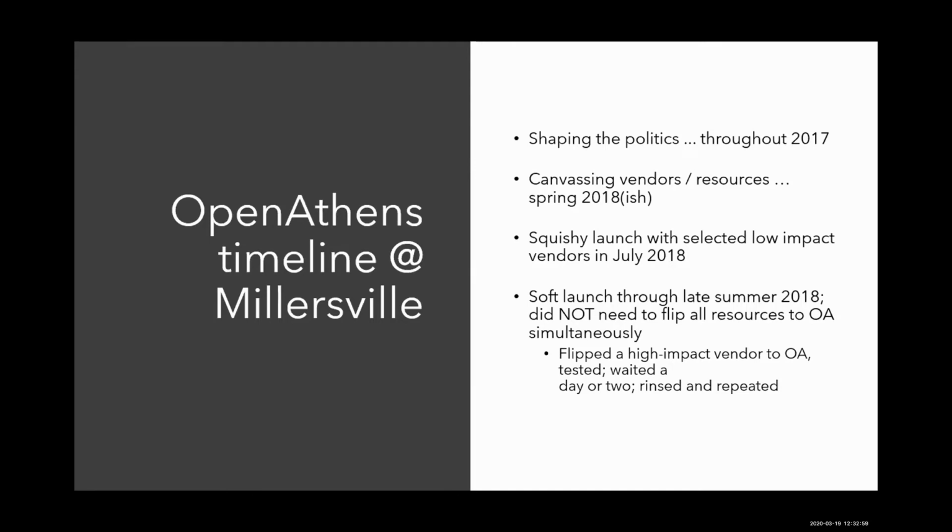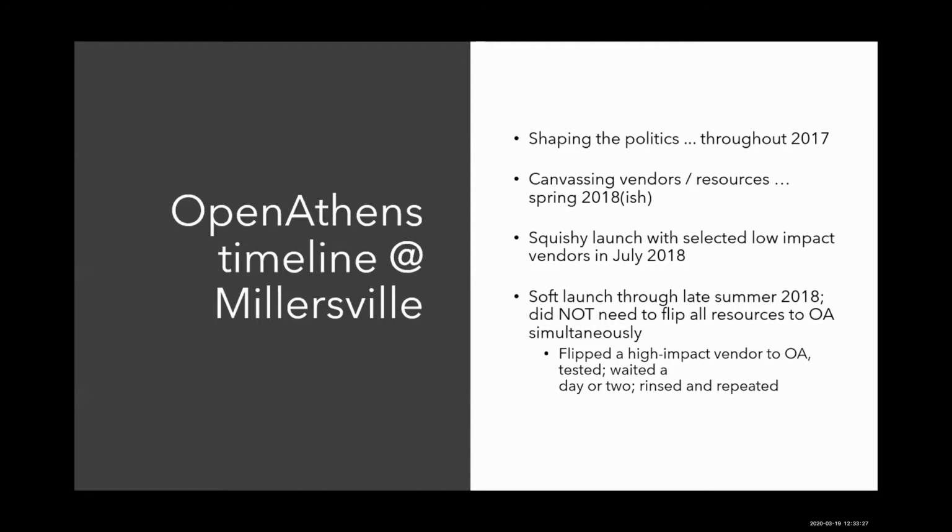We did not move everybody over simultaneously. We basically did 1 or 2 vendors at a time, made sure they worked, waited a few days, and then did that process again and again. We did about 4 or 5 iterations by the time we got through all of our major vendors. So it was a relatively orderly process, and we had no outages.